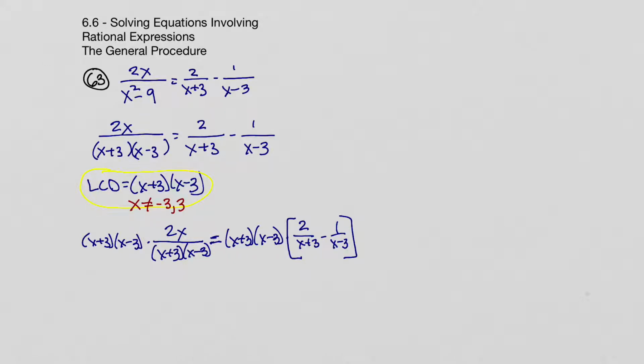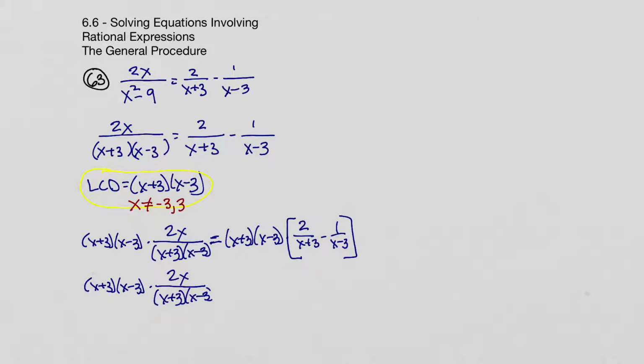Now, since I'm looking for a general approach here, I'm not going to cancel these denominators just yet. I'm going to go ahead and multiply. I'm going to distribute through here. So we'll rewrite what we've got here. Just rewrote that here. And now over on this side, I'm going to distribute this LCD to this term and then to this term. So this gets a little bit long, as you can see.